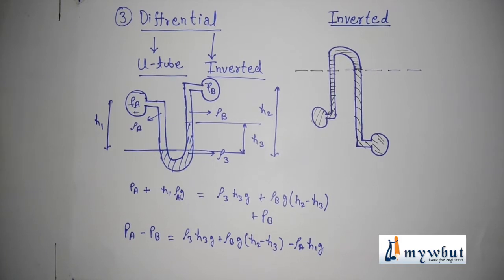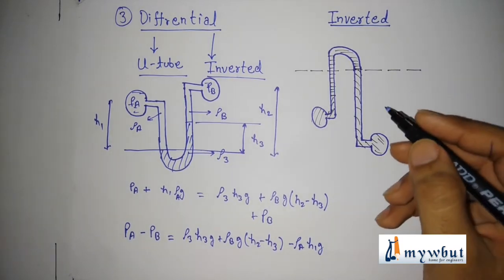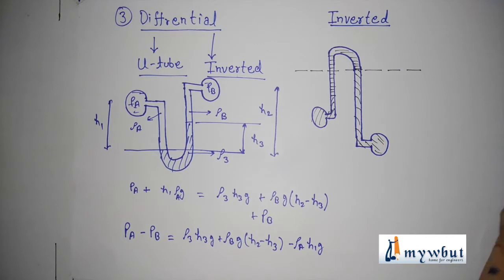An inverted differential manometer is quite similar to U-tube differential manometer. The only difference is it has an inverted form of U-tube manometer.